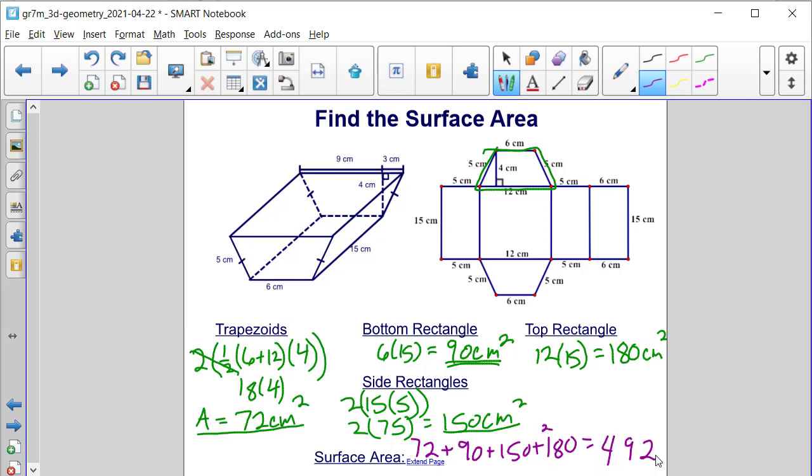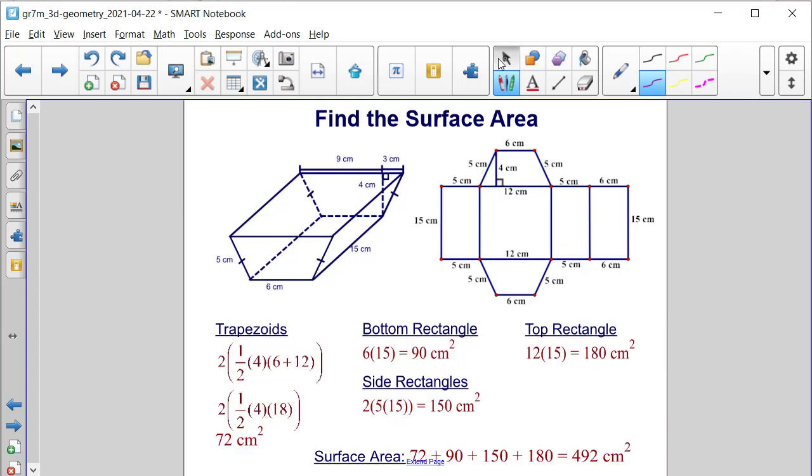So we have 492 square centimeters for the entire surface area of this trapezoidal prism. And this slide does verify indeed that the surface area of this trapezoidal prism is 492 square centimeters.